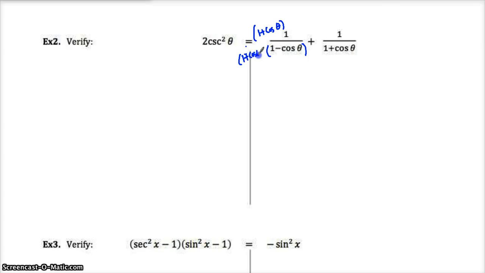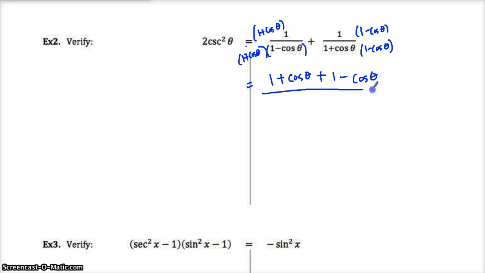For my second fraction, I'm going to multiply by 1 minus cosine theta, 1 minus cosine theta. And so when I rewrite it, my numerator is just 1 plus cosine theta plus 1 times 1 minus cosine theta, which is 1 minus cosine theta.